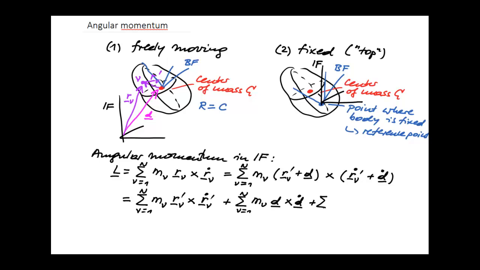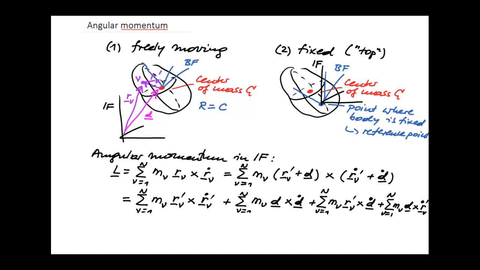We have sum over nu, m nu, r nu prime, vector product with d dot, plus sum over nu, m nu, d vector product with r nu prime dot. Here r nu is also primed. Now in both scenarios, these last two sums vanish.